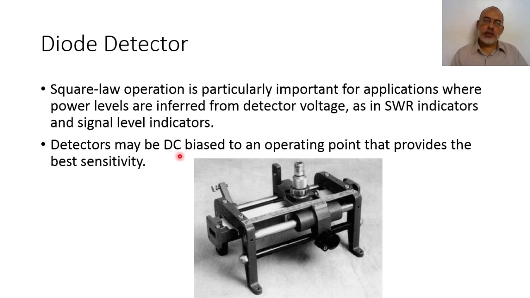Detectors can be DC biased to operate at a certain point, or they can be used without DC biasing. The advantage of DC biasing is that we can adjust the operating point, which provides the best sensitivity for the detector. This is briefly how to use a Schottky diode as a detector.